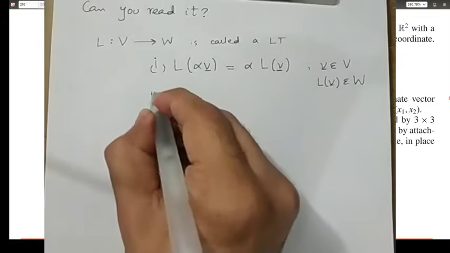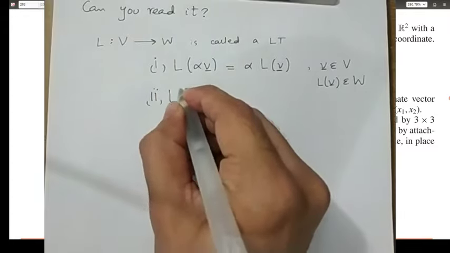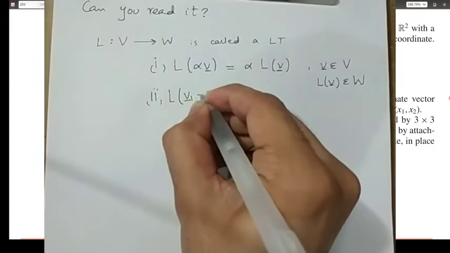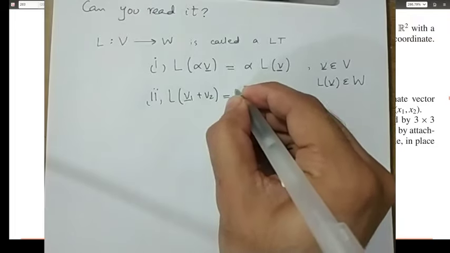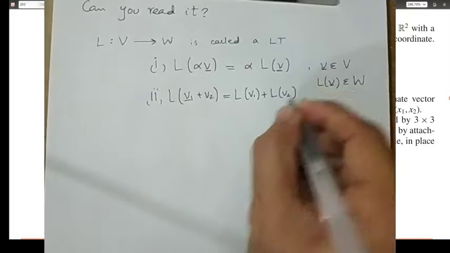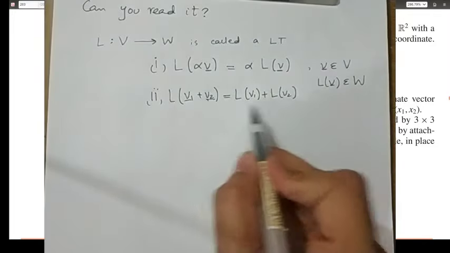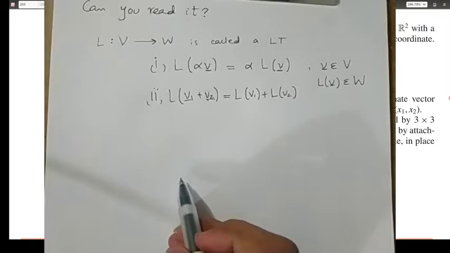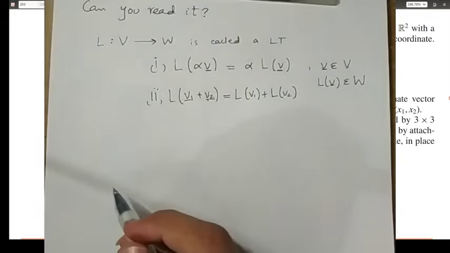And secondly, L of V1 plus V2 should be L of V1 plus L of V2. That a vector addition should be mapped onto a vector addition in the other space, right?